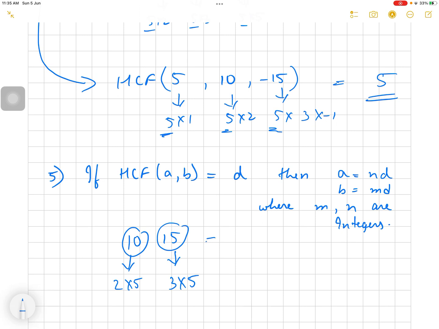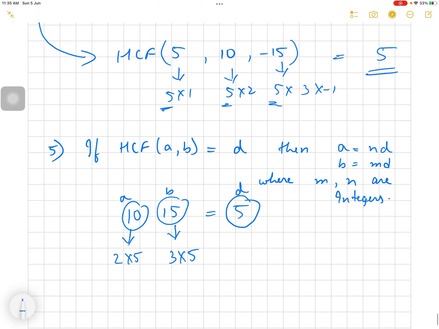So HCF of 10 and 15 is 5 because 5 is common. So 10 is A, 15 is B and 5 is D. Here 2 is N and 3 is M.